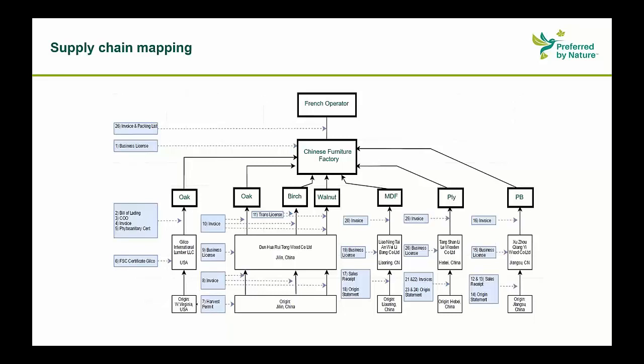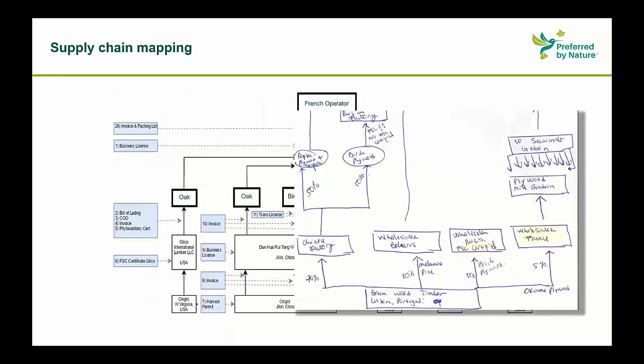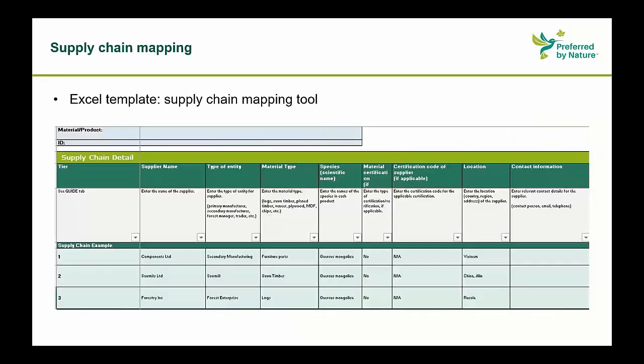There are several ways of doing supply chain mapping in order to comply with regulation requirements. You can have a fancy diagram like this. You can also take your pen and paper. That's usually what I do all the time as a first step. Those are old tools, but they're quite efficient. Or you can also use Excel tables, for instance.